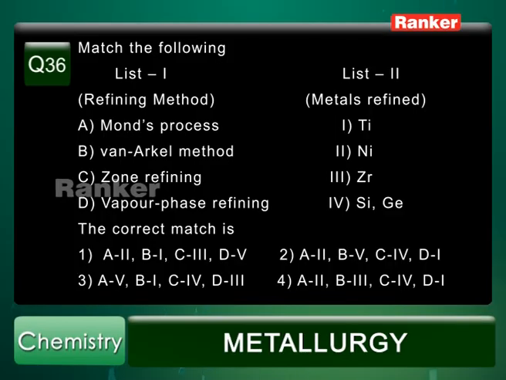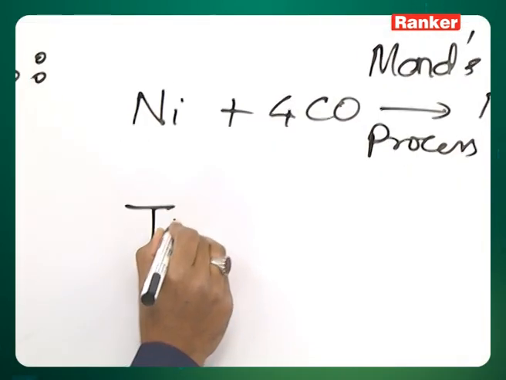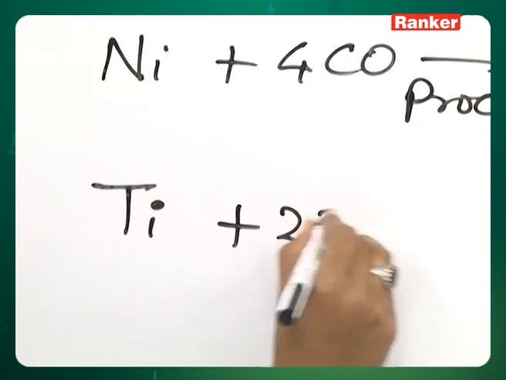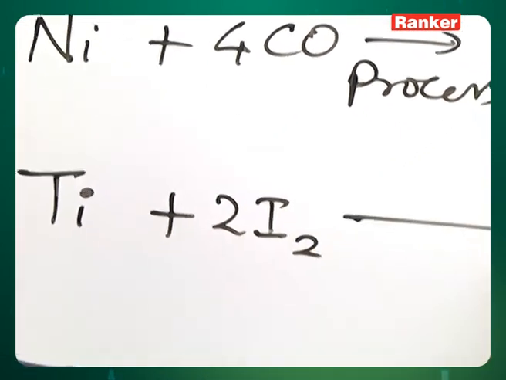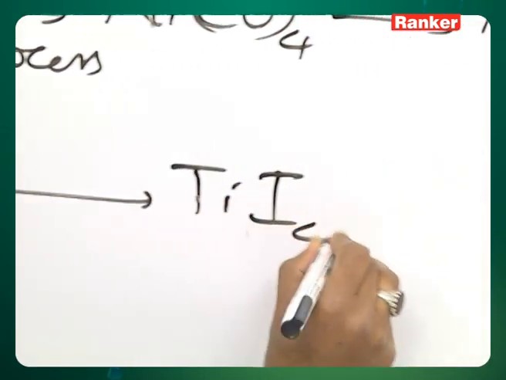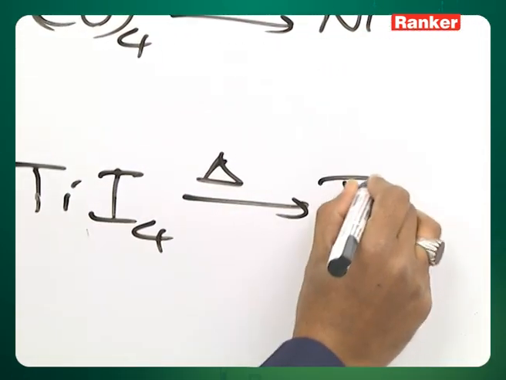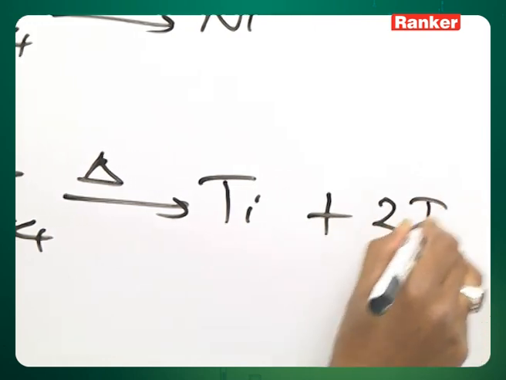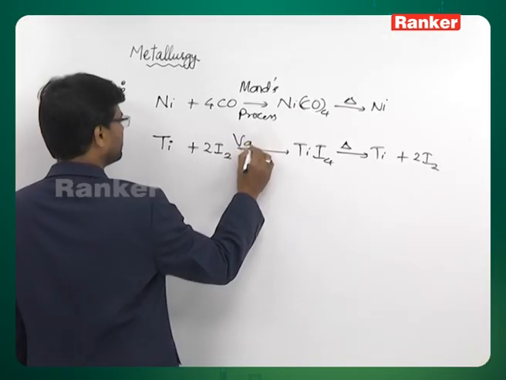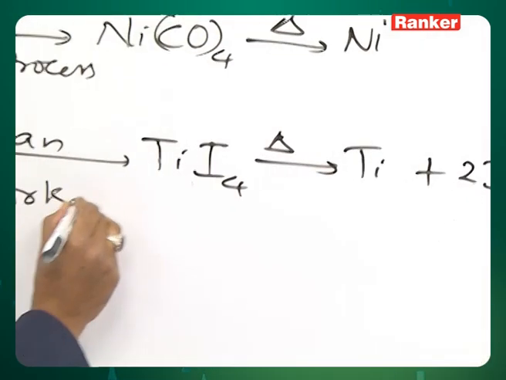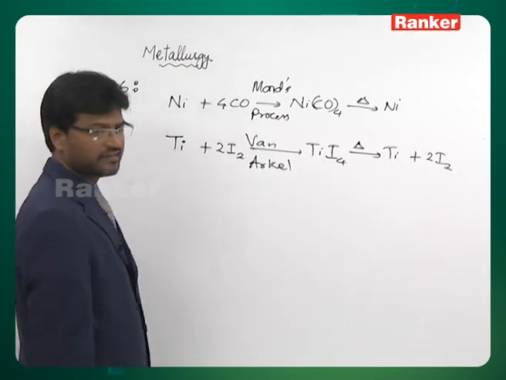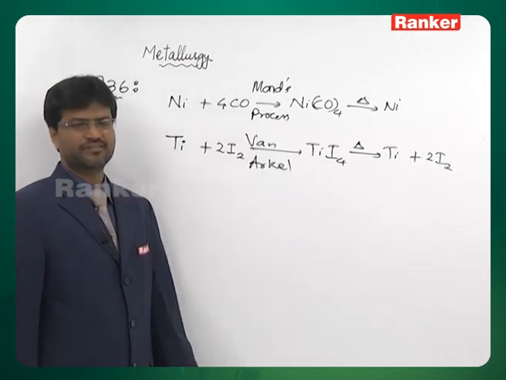Then you have the Van Arkel method. Titanium is purified by this technique. Titanium is made to react with iodine and you get TiI4, and then this is heated to recover pure titanium. This is the Van Arkel technique of purification. This is also a case of vapor phase refining.